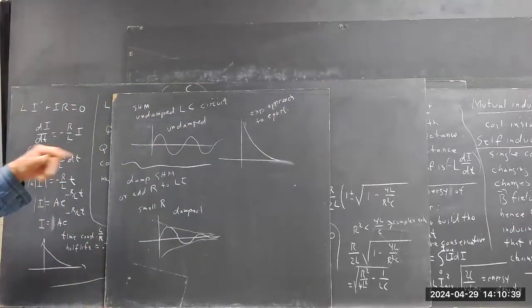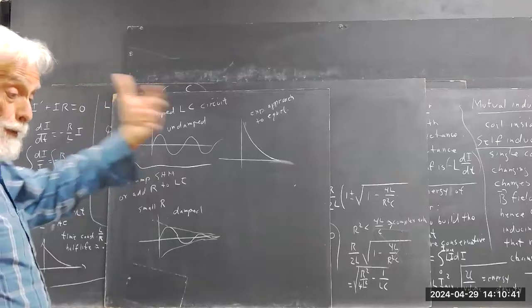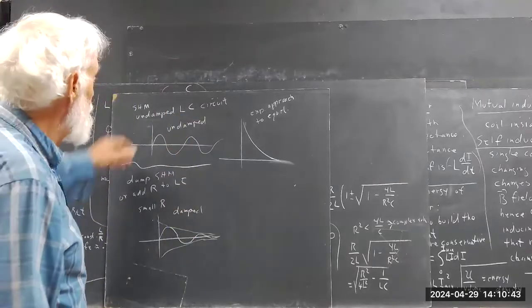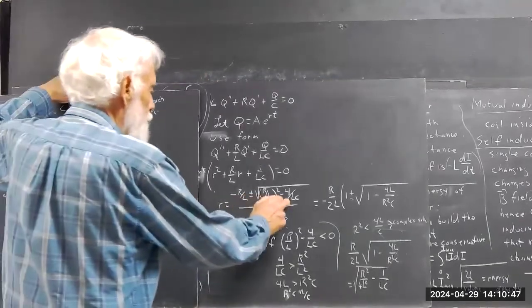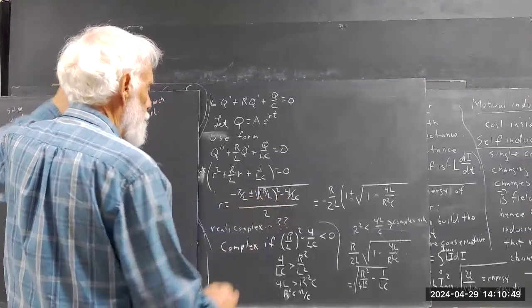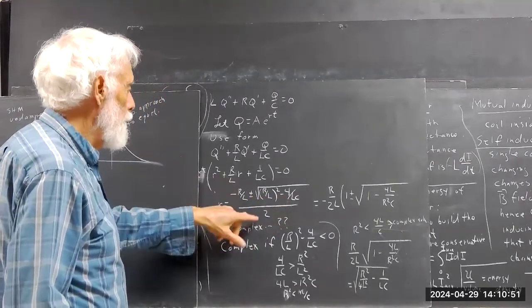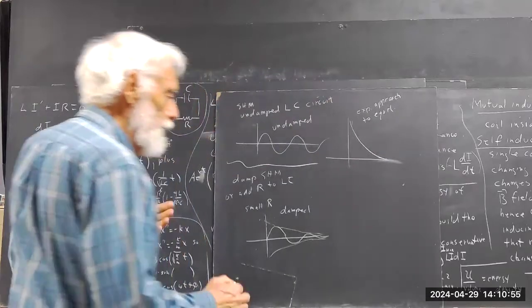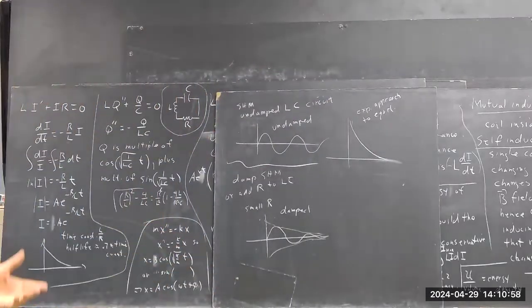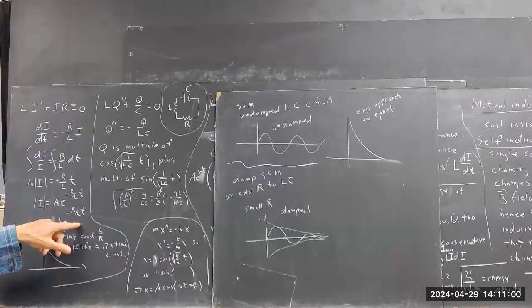That would be like what happens with an RL circuit, because it does become an RL circuit. If the thing is critically damped, that means the discriminant is zero. R is negative R over 2L, and you have e to the negative R over 2L times t, which is very similar to what you have here.